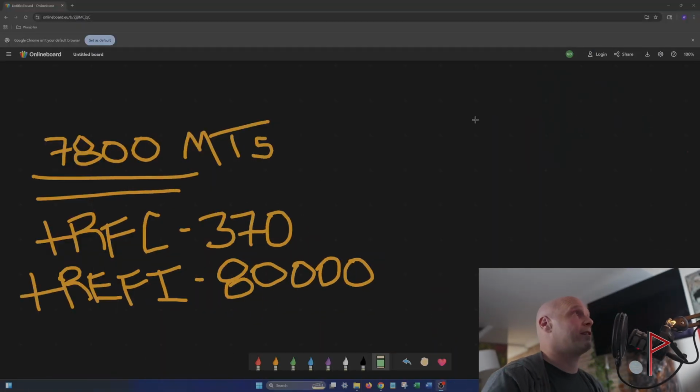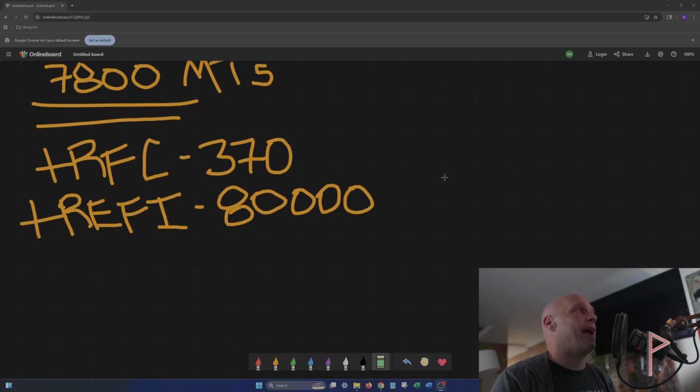And I had that on my mind, but I wanted to bump up my DRAM frequency, and I thought maybe I can change all three at once. So I came up with a little bit of simple math that I'm going to show you. So if you take a look at this, this is where we left off, right? 7,800 mega transfers per second with a tRFC of 370 and a tREFI of 80,000.